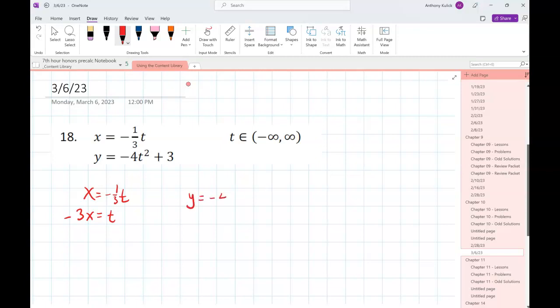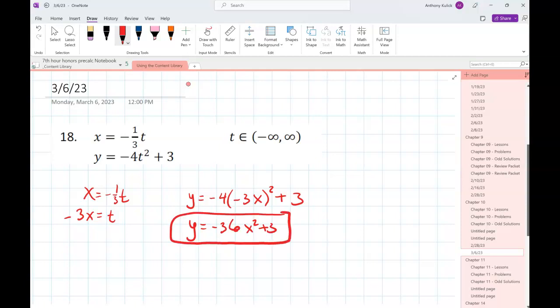And then I'm going to plug that in for t into the y equation. When I square -3x, I get positive 9x squared. And positive 9 times -4 is -36. So there's eliminating the parameter.